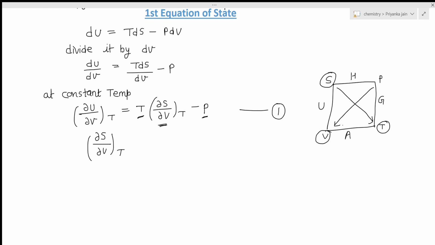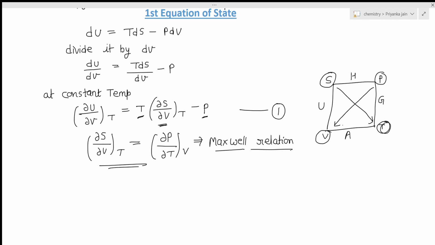This will be equal to del P upon del T at constant volume. This is called the Maxwell relationship, and I have told you about the Maxwell relationship in our last lectures. If you don't know about this, you can see our lecture.